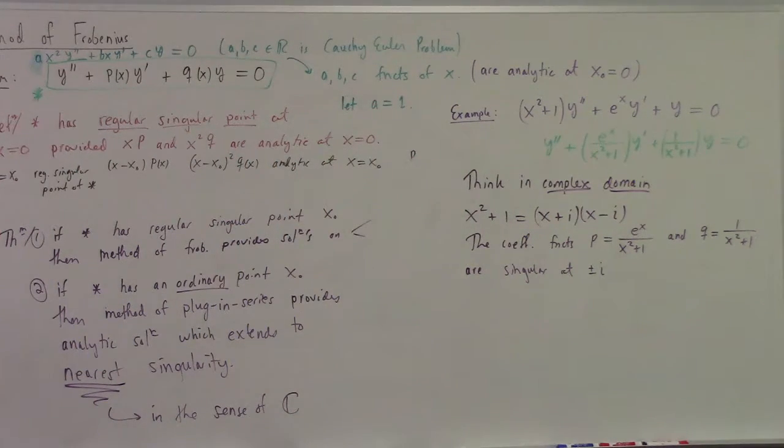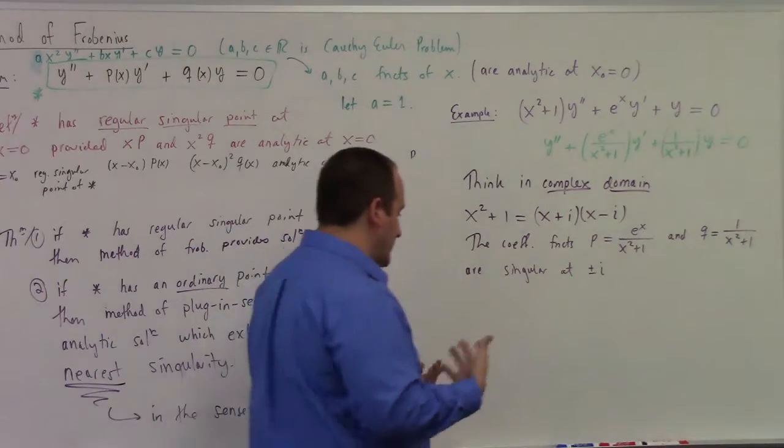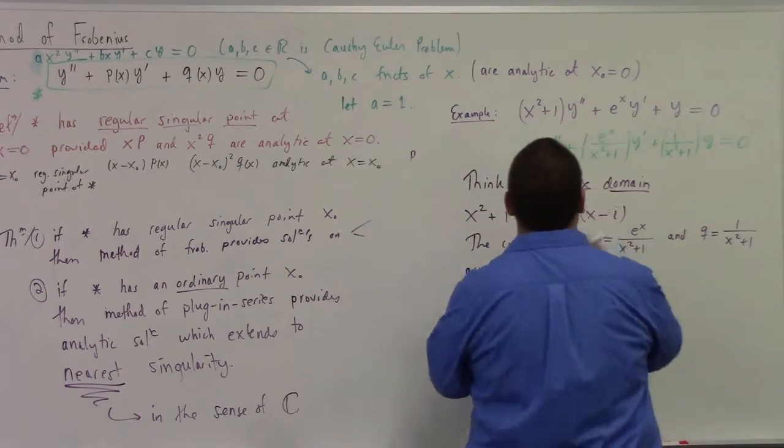So if I want to think about a solution to this differential equation and how far the solution will extend, what's the structure of its convergence, let me give it a name.